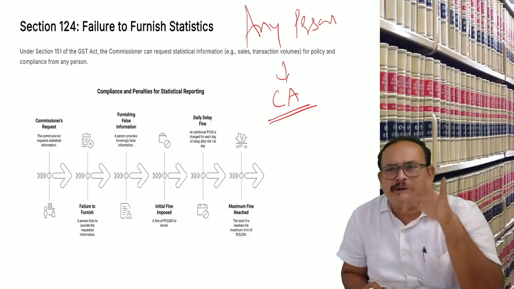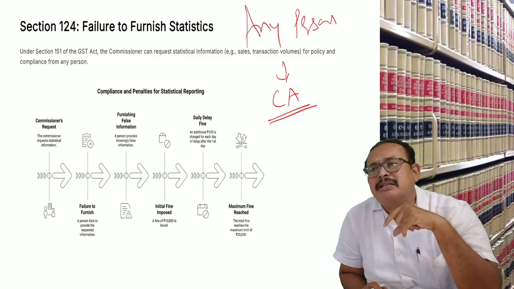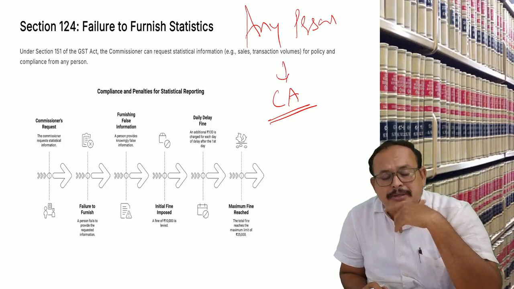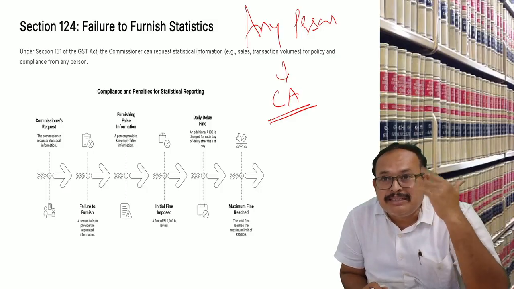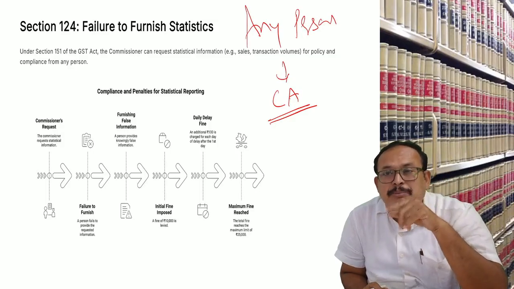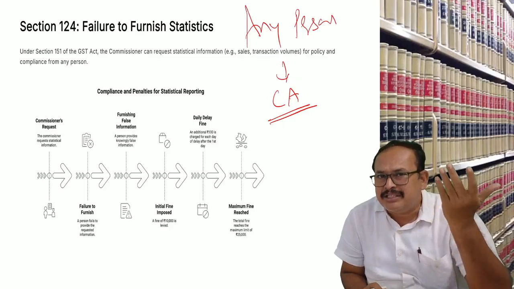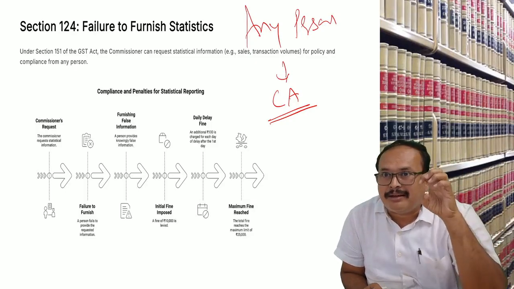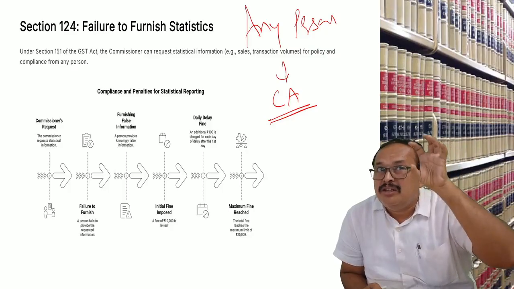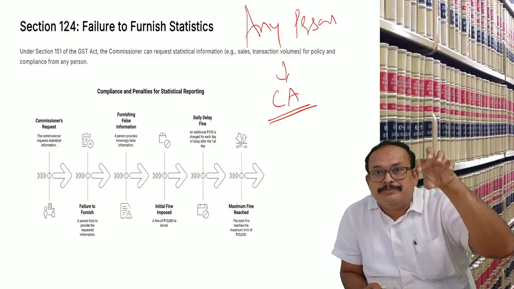Our department wants from my side a statistical report. For what purpose do they generally ask? You may be aware of that. The GST network portal: when the taxpayer pays taxes, the GST department and council want to know the amount of previous month collection from goods, in the electronic goods sector, and from services, particularly from the works contract sector.